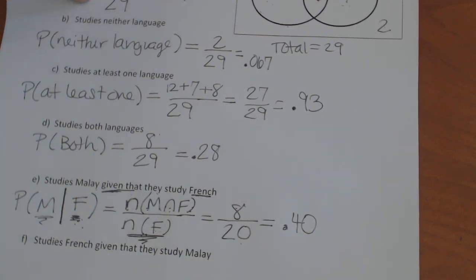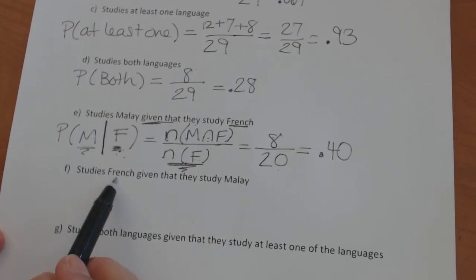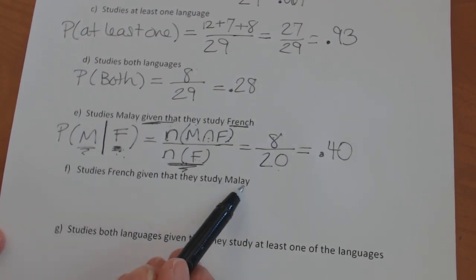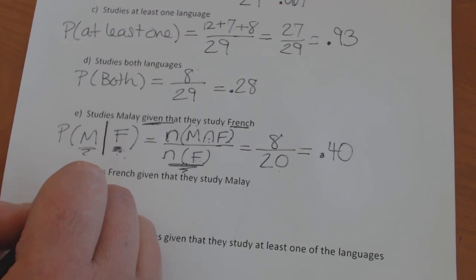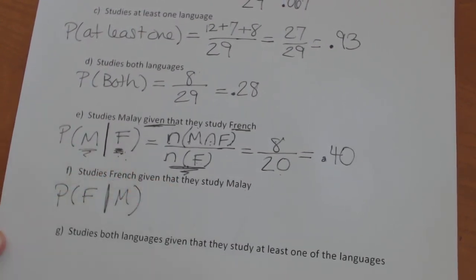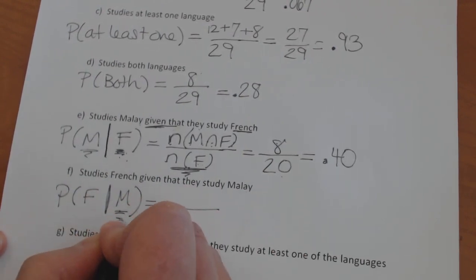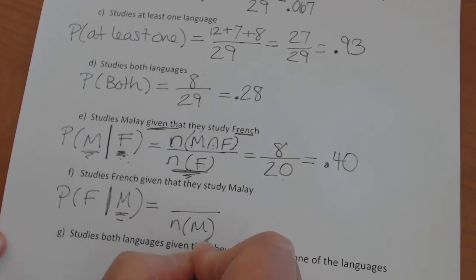All right, let's set another condition on this. Studies French given that they study Malay. So let's reverse it: the probability studies French given they study Malay. Now my condition is that they have to study Malay. So I'm only going to look at the Malay circle.